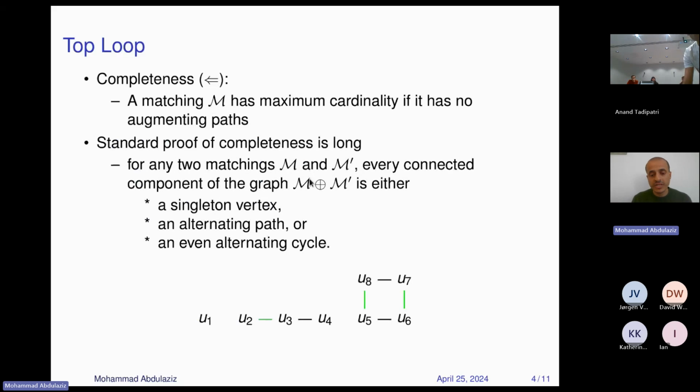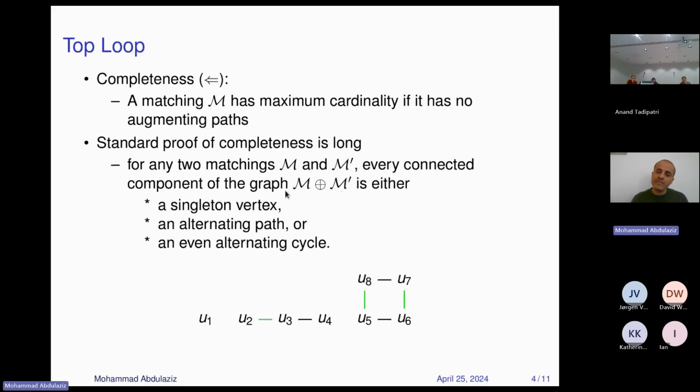The proof is a few steps. The first and most complicated step is the following. If you take the symmetric difference between the original matching m and the bigger matching m prime, you will have a number of edges as a result, and those edges form a third graph. The graph formed by the symmetric difference between the two matchings has the following property.